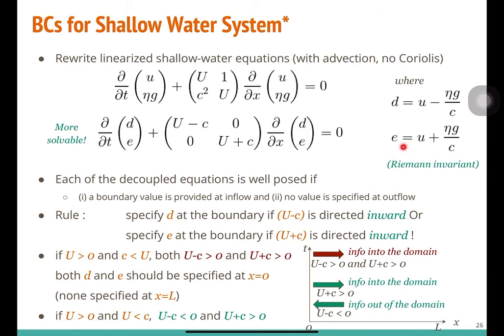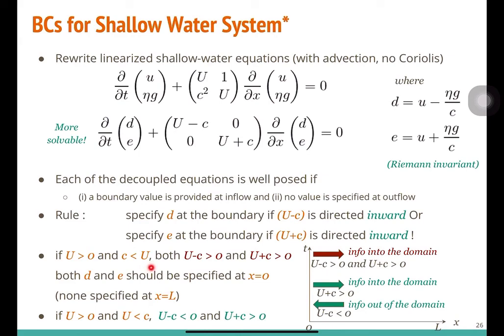So for the 1D model here, it's 1D from x equals 0 to L, we have two boundaries, right? So if U is larger than 0, in this lecture we only assume that U, the big U, is larger than 0, is positive.